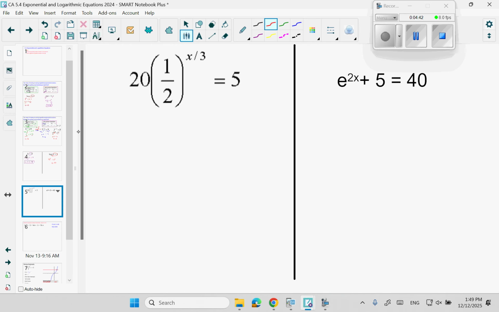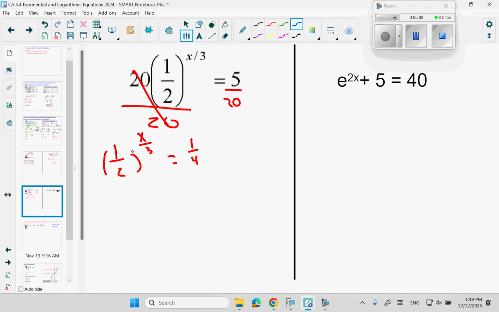Okay. Here, we can't spiral it yet. You have to divide by 20. You have to get whatever has the exponent by itself first. So I get 1/2 to the power of x over 3 equals, I'm going to write this as 1/4.